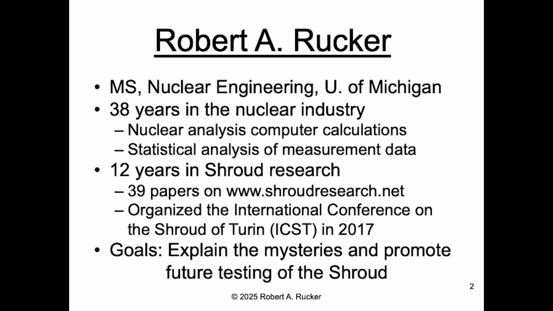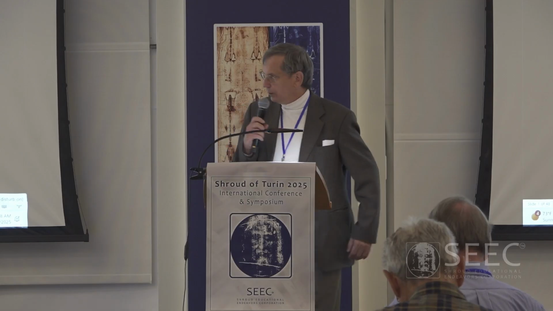Since 2013, Bob has been doing research and presentations on the Shroud and has written 39 papers, including papers number 33 and 34, to explain the carbon dating and image formation. Those are available on the research page of his website, shroudresearch.net. Let's welcome Bob Rucker.